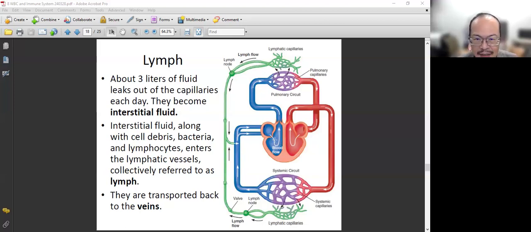You have the right atrium, right ventricle, then the pulmonary circulation, then the left atrium, left ventricle, systemic circulation. And coming back, superior vena cava, inferior vena cava, go to the right atrium, right ventricle, pulmonary, and again left atrium, left ventricle, aorta, systemic. So this will go over and over and over.